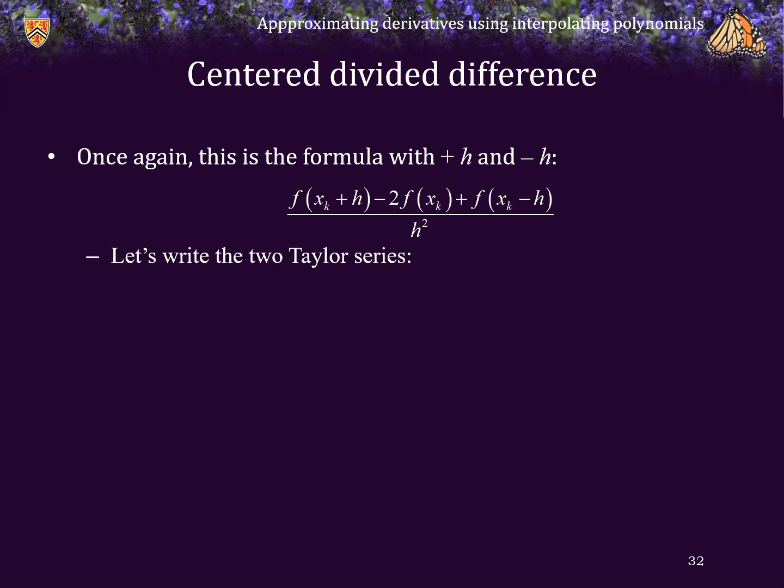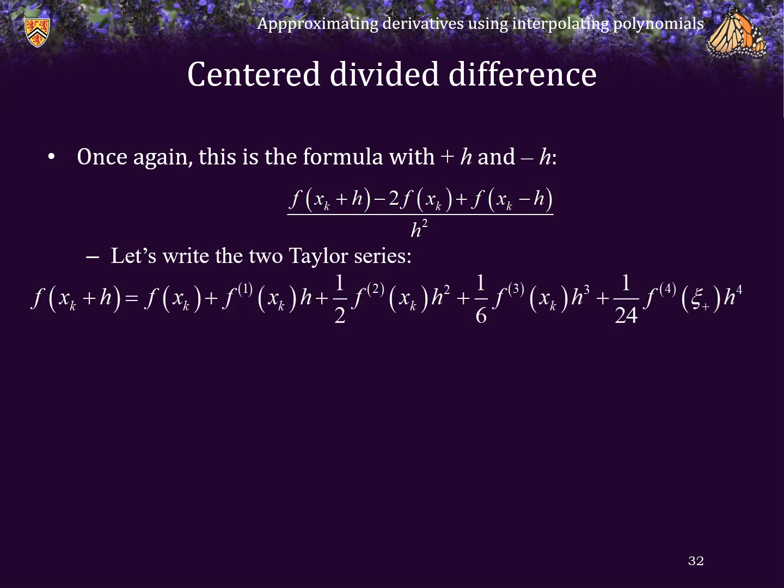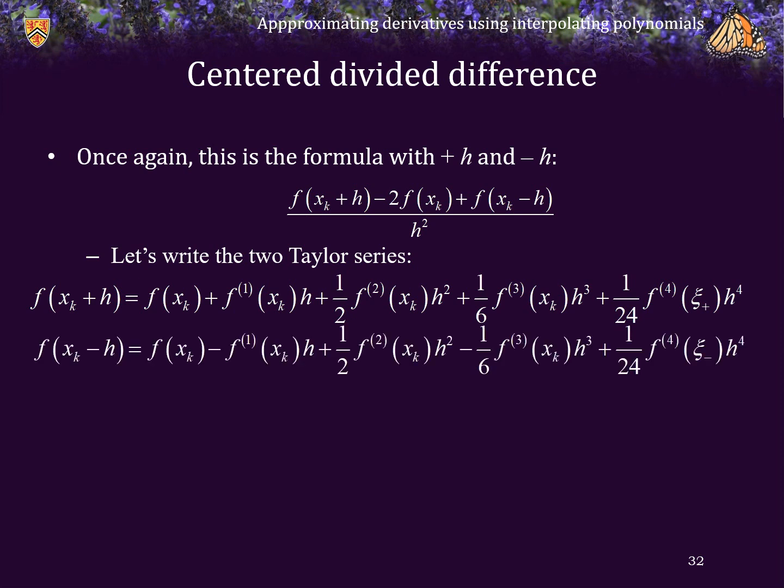So as before, let's write down the two Taylor series. So there's the Taylor series for plus h and the Taylor series for minus h. Now in the above expression, we have the plus and minus h terms being added. So let's add these two equations.